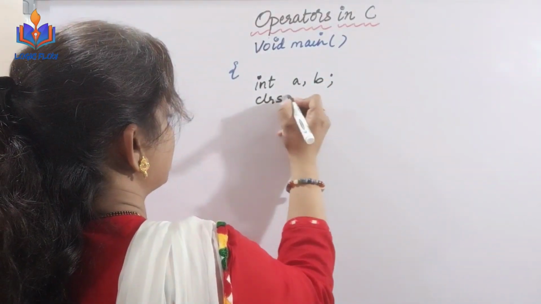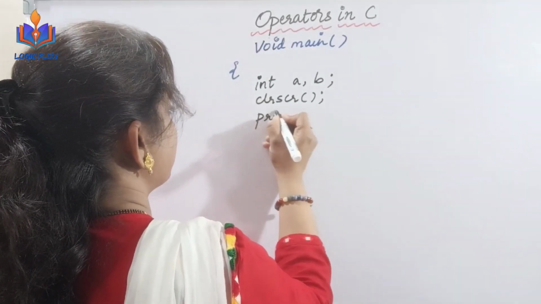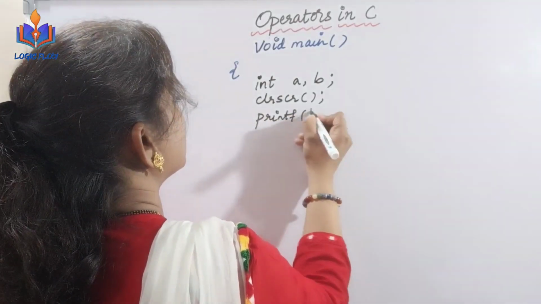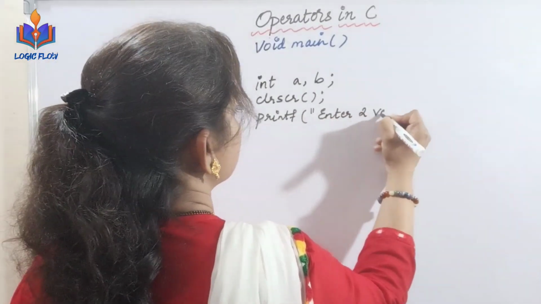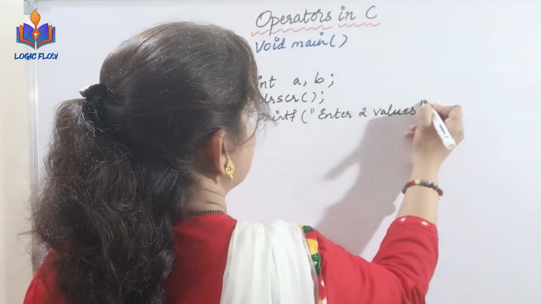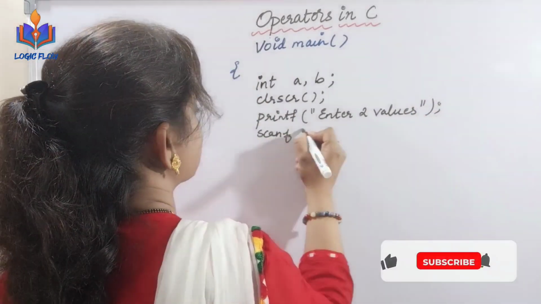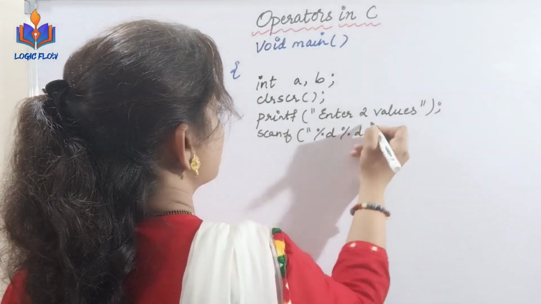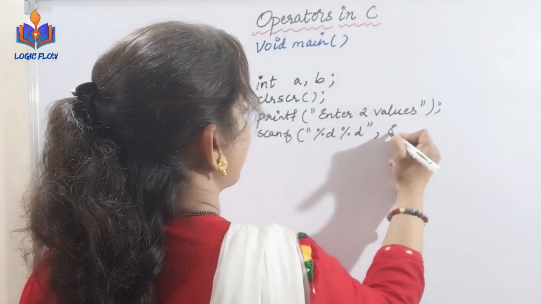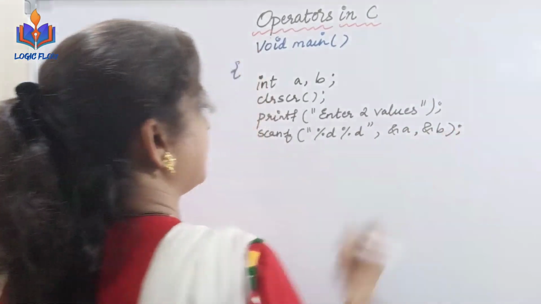Let me call the clear screen function. I say printf with a prompt message, "Enter 2 values". And I say scanf, with two format specifiers to accept integer values stored at the address of a and the address of b.